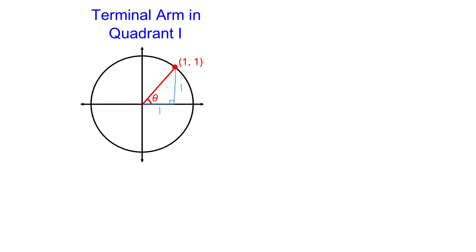So just like in the warm-up, we can imagine this as a right triangle with 1 and 1. And if we use the Pythagorean theorem to find the radius, we would find that it's the square root of 2. Now I can find the sine, the cosine, and the tangent of this angle in here using opposite, adjacent, and hypotenuse. So here are my numbers.